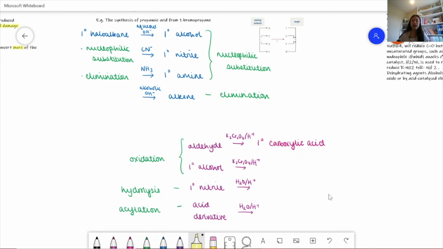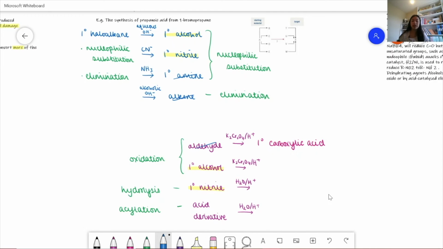So we can see that we've got this primary alcohol here, and we've also got a primary alcohol here. So this could be a possible intermediate. Or we have a primary nitrile here and also a primary nitrile here. So this could also be an intermediate. And there's nothing else in common, and so all of these four can't be used.